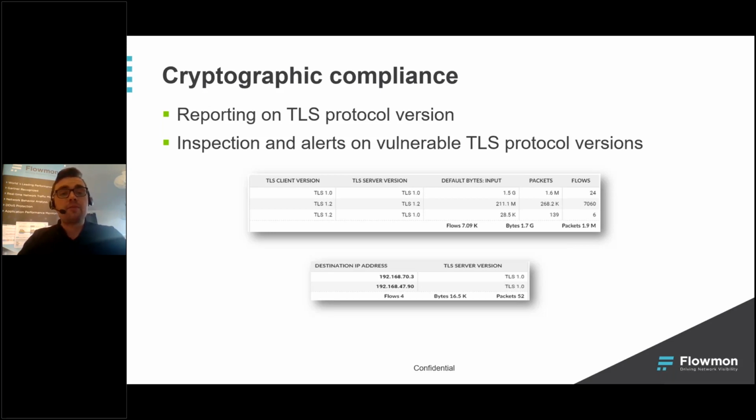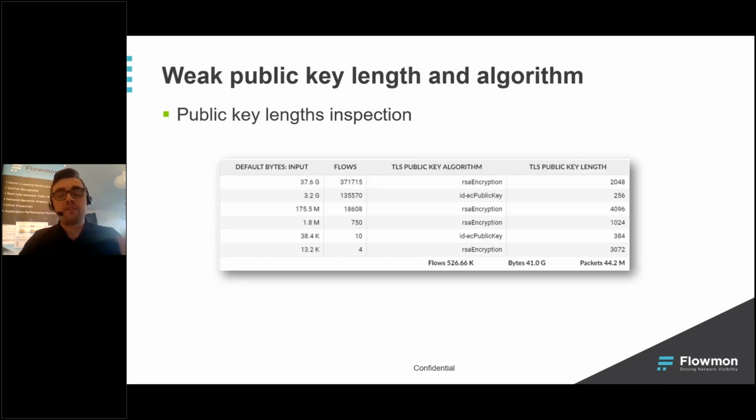You can create your own alerts, and you can do inspections. So you can apply your company policy and look for unsupported versions. Another use case can be weak public key length and algorithm.